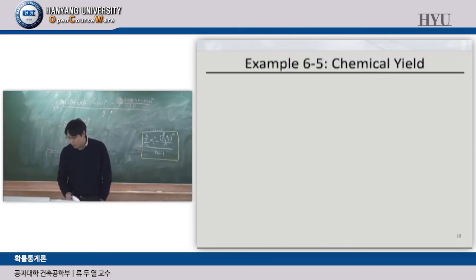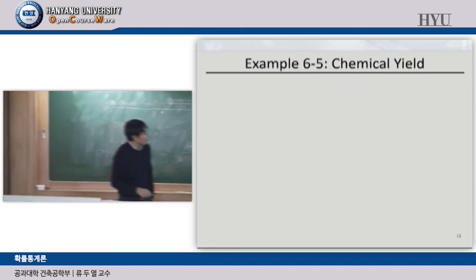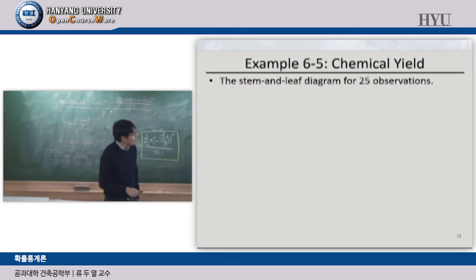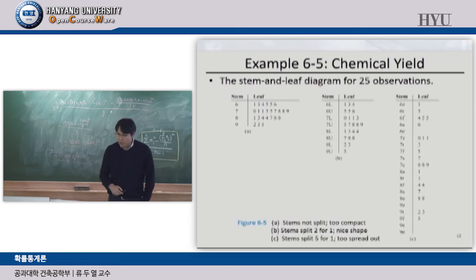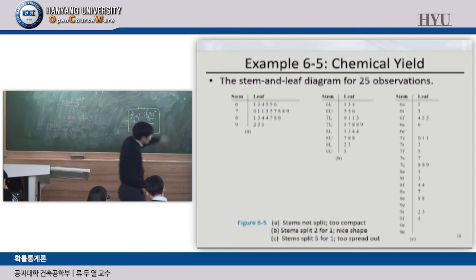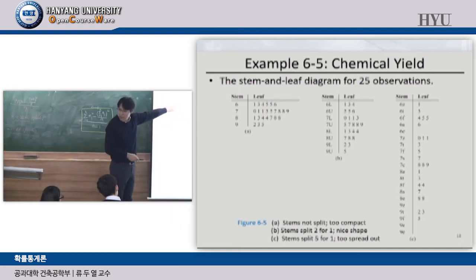And this is the example 6-5 about the chemical yield. The stem and leaf diagram for 25 observations can be given in these 3 different tables. Table A is the stems not split, and as you can see, the data points are too compacted. Okay?